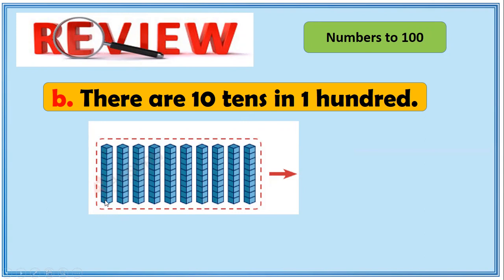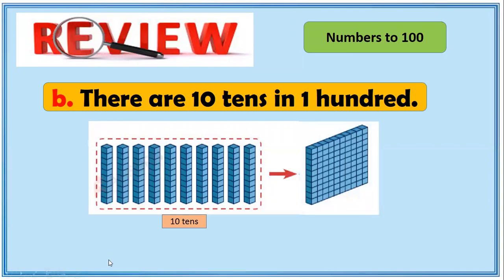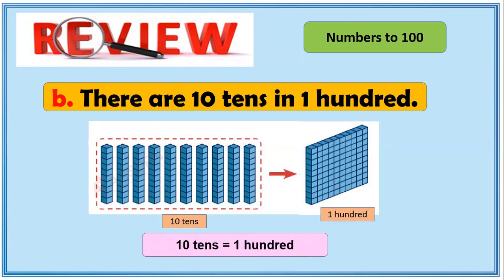So each set of cubes contains 10 cubes. So these 10 sets of cubes, or 10 tens, make up 100. So again, 10 tens make up 100.